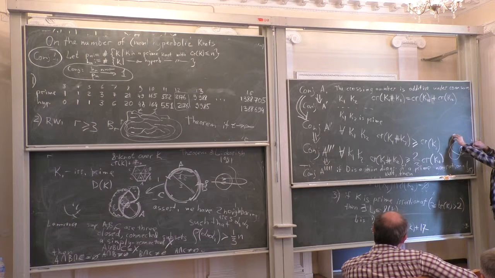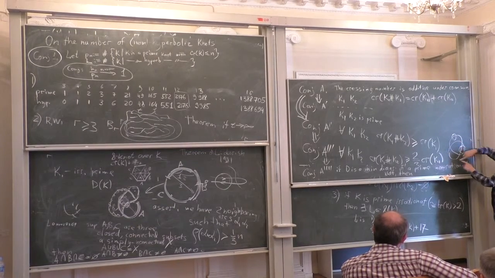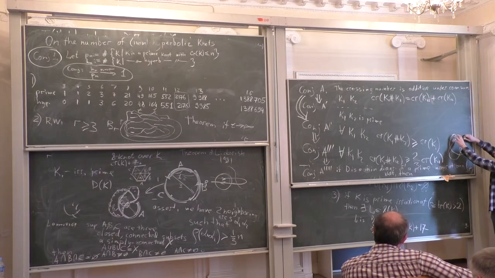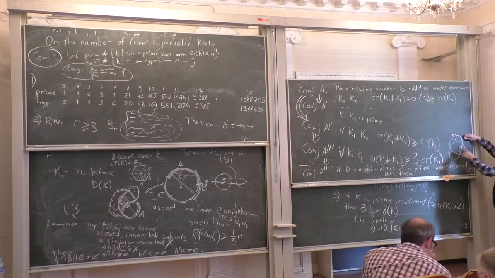But if we have a local knot, then we have two strings in this complement. So this local knot is at one of these strings.